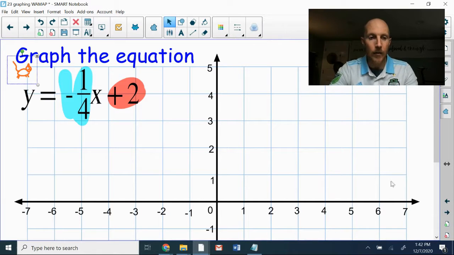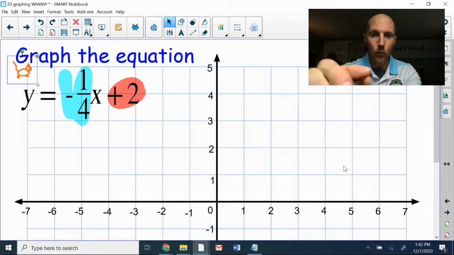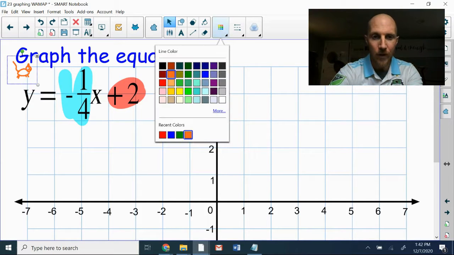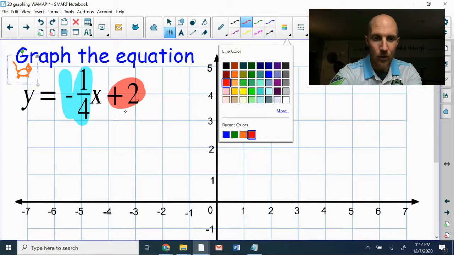All right, and here we have an equation that has all of the parts. It's got a y equals, it's got a blue number and then an x and then the red number at the end. So those blue and red numbers, those are the ones we need to pay attention to. Those are the details that will tell us how we need to draw this graph. So the red number is at the end of the equation, but this is what we start from.